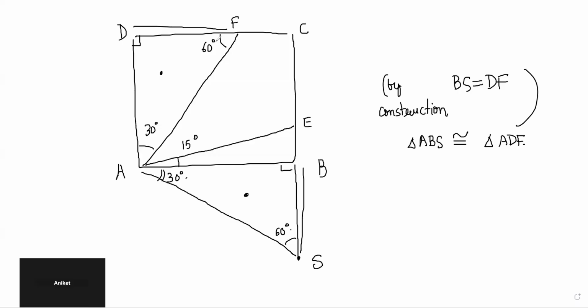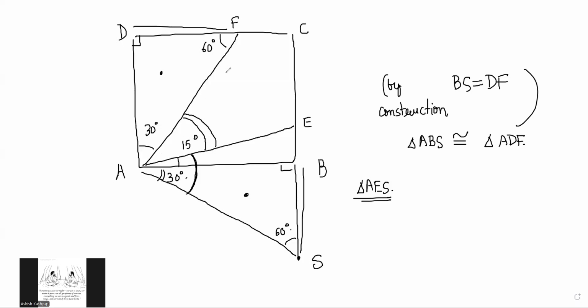Now, if you look at triangle AES, in that triangle, if you focus on this angle, it is 45 degree. It is the same as this angle, which is also 45 degree. Okay. So EAF angle is equal to EAS angle, right?